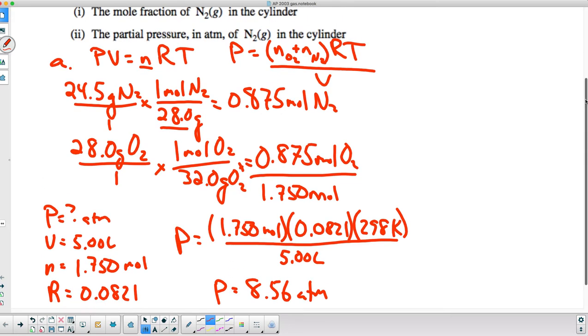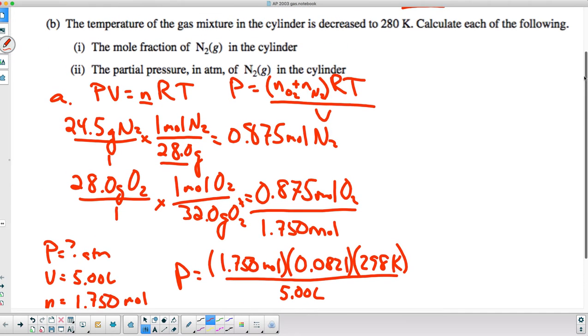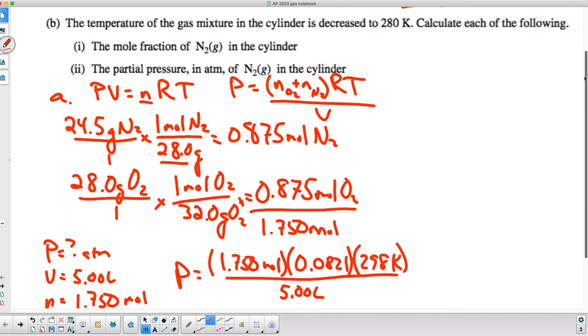Okay, that was just letter A. Let's see what it says for letter B. For letter B, it says the temperature of the mixture in the cylinder is decreased to 280. Calculate each of the following: mole fraction of N2 in the cylinder and the partial pressure in atmospheres of N2 in the cylinder. Now this is actually not going to be a difficult question, simply because the first part has nothing to do with the temperature.